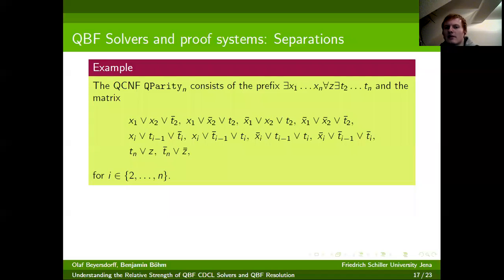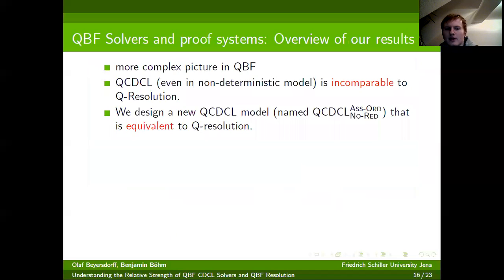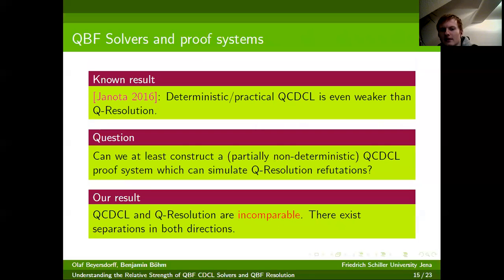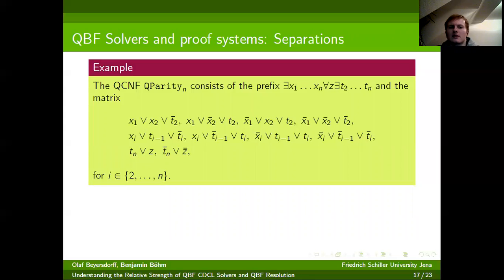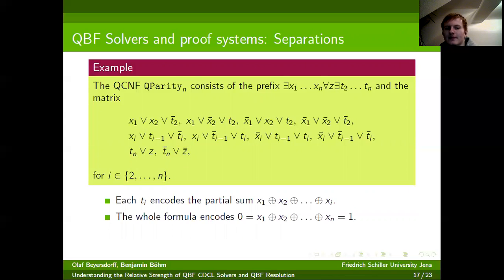So let's look at an example of these separations. I said we can separate QCDCL and Q-resolution. The first direction can be done with the so-called Q-parity formulas. The Q-parity formula consists of this prefix and of these clauses here, as you can see. Basically you could say that each of these t_i encodes the partial sum of the x from x_1 to x_i.